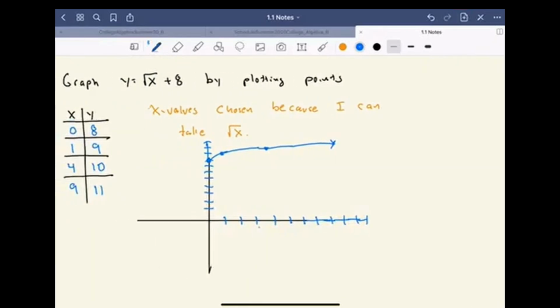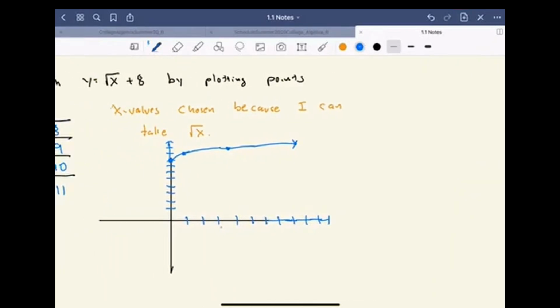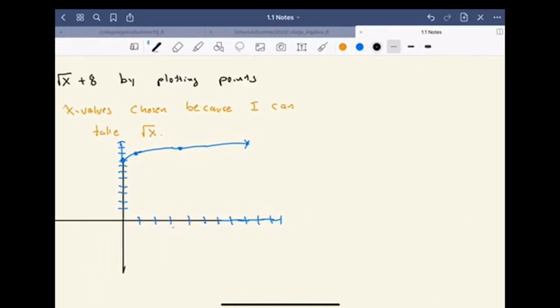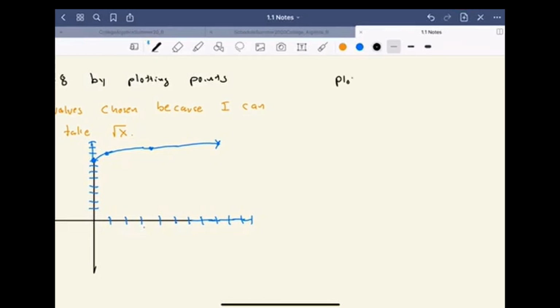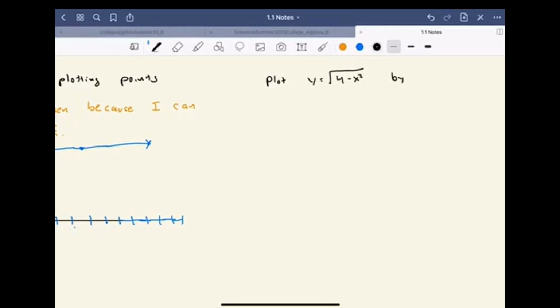Okay, let's plot another one. Let's plot y equals square root of 4 minus x squared by plotting points.